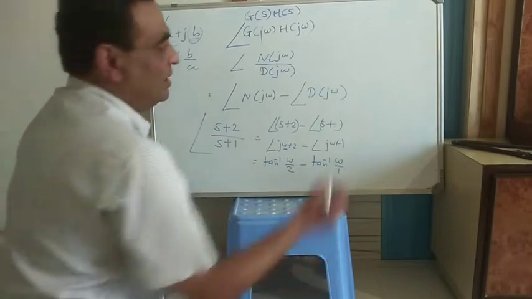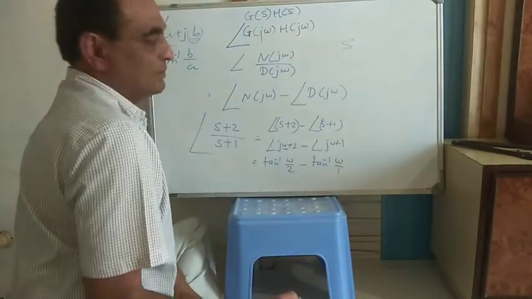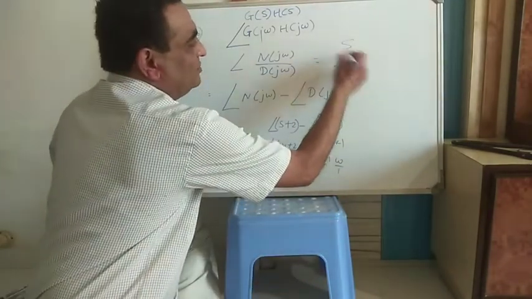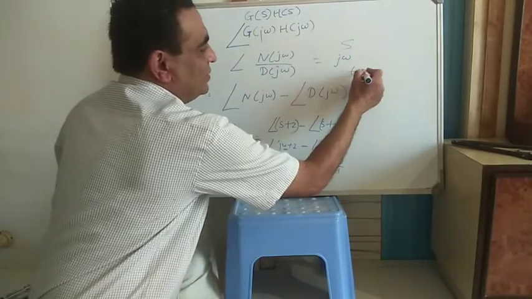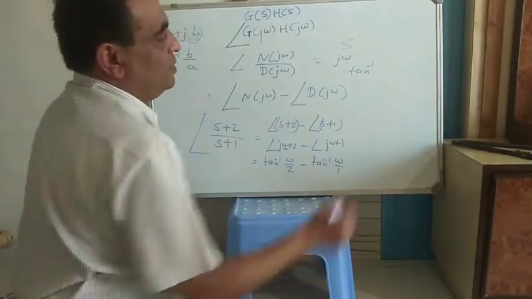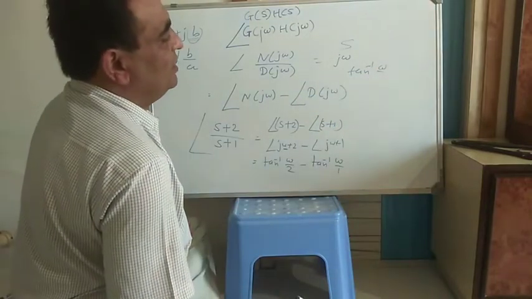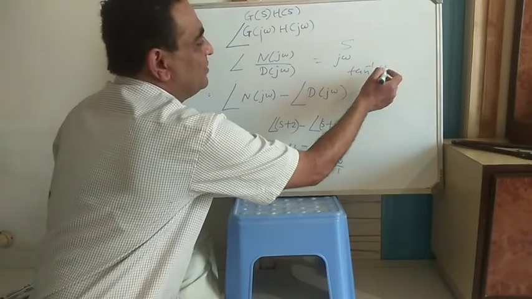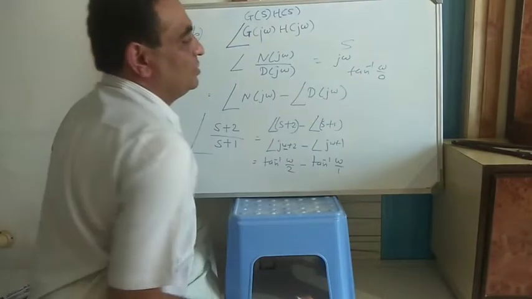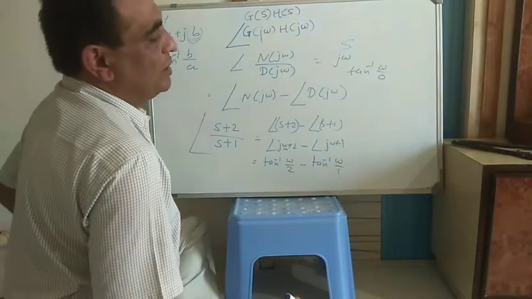If it is a single term s, then s is nothing but j omega. So this is tan inverse of imaginary part by real part. Real part is 0, so anything divided by 0 is infinity.